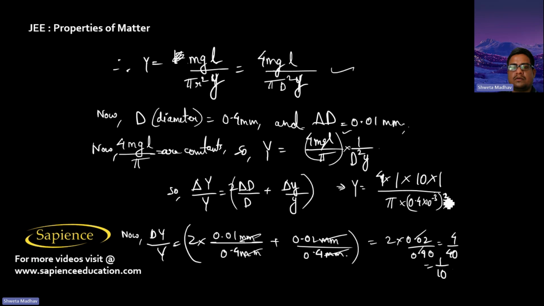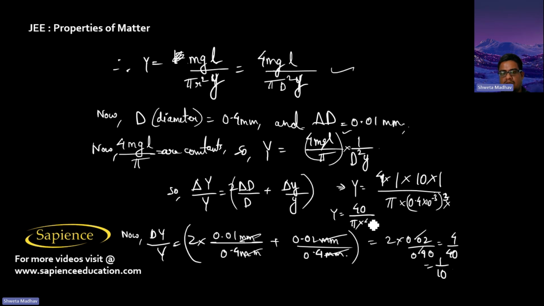This will be 40 by 5 into 4 into 10 to the power minus 4.